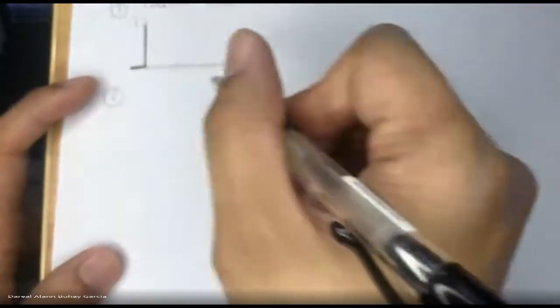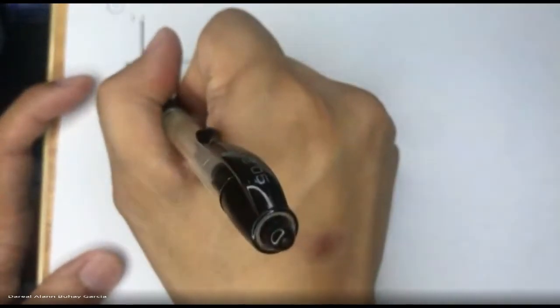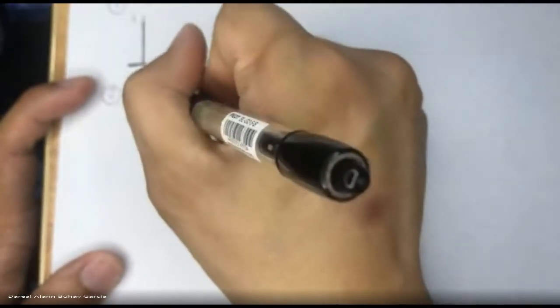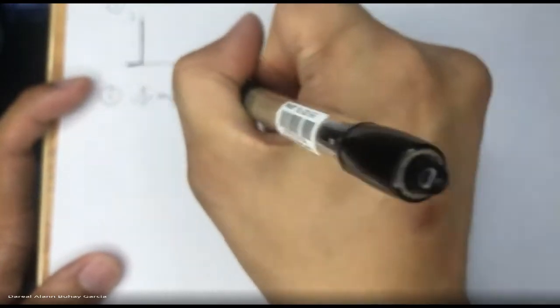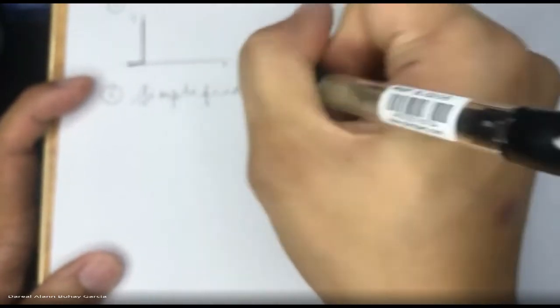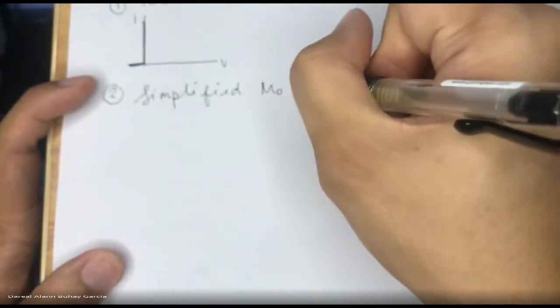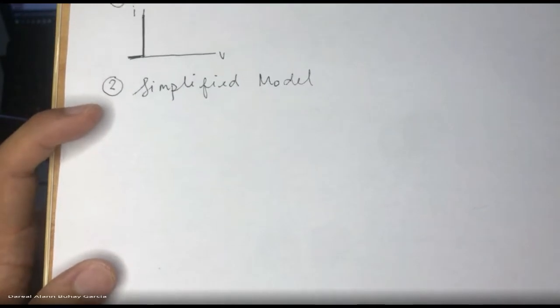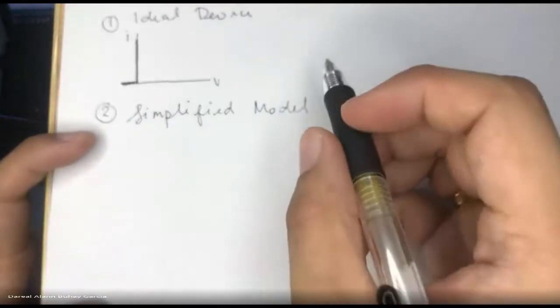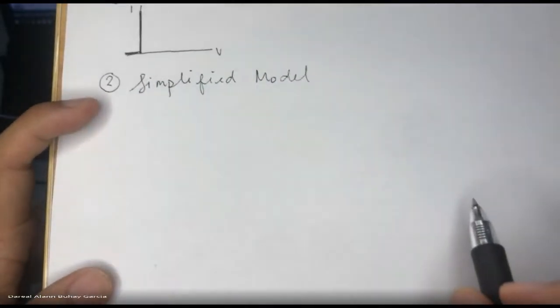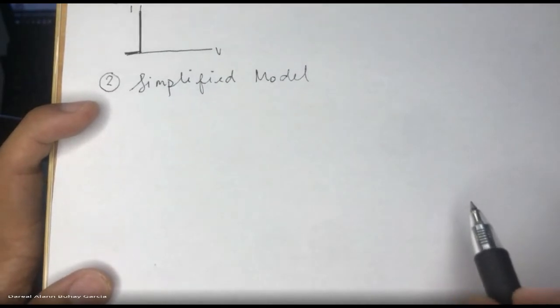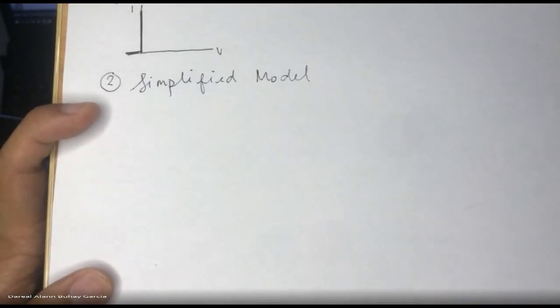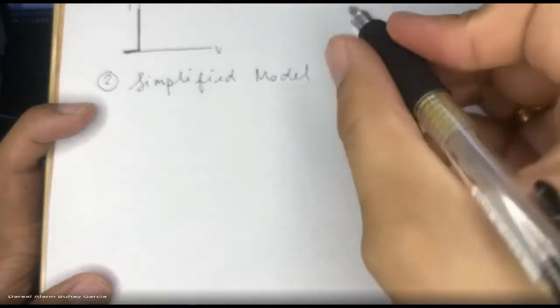Another diode model is the simplified model. Not only is the diode a switch, but it also acts as a potential or voltage source, like a battery.